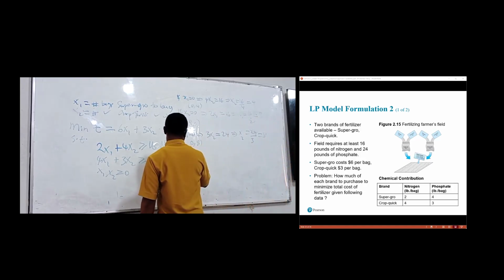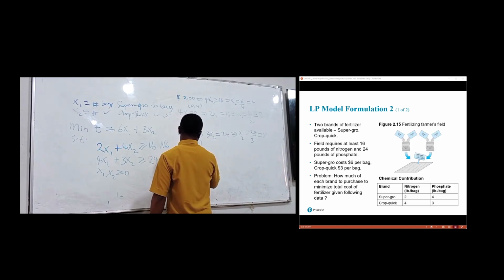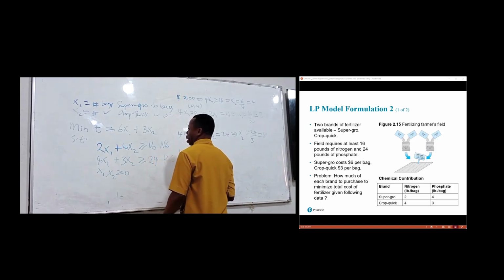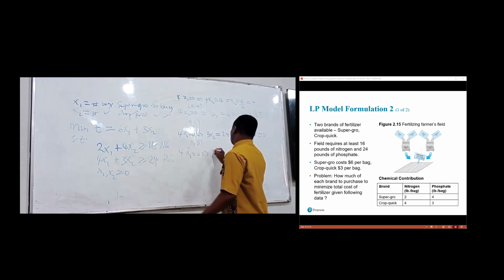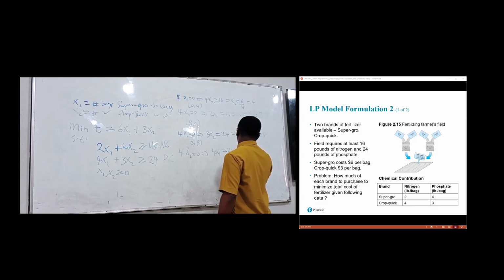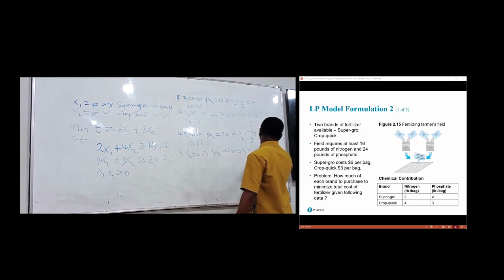If x2 is equal to 0, it will imply that 4x1 will be equal to 24, which will imply that x1 is equal to 24 over 4, which is 6.